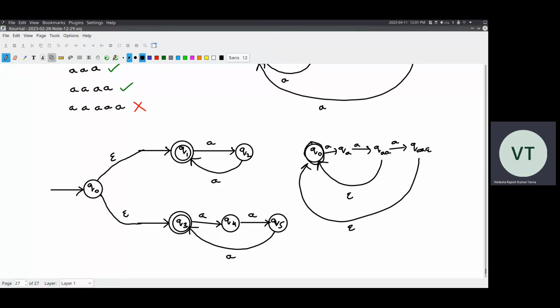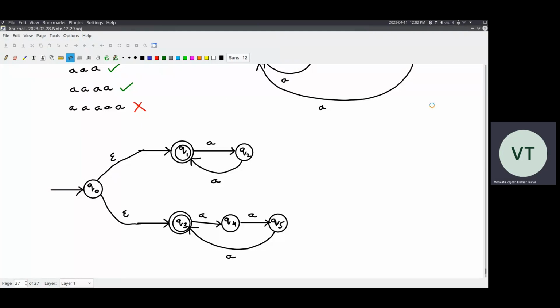This is the final state, right? A is also a final state. Okay. Yeah, but still, it will accept 5 A's also. Okay. All right.